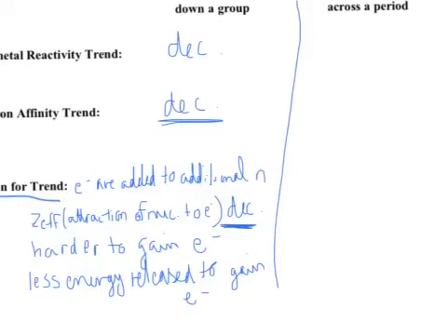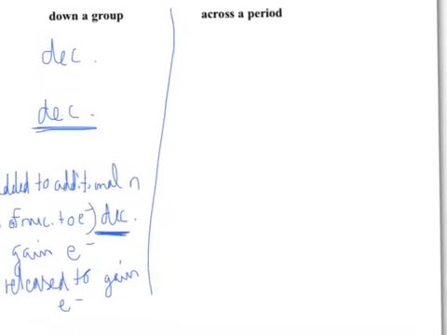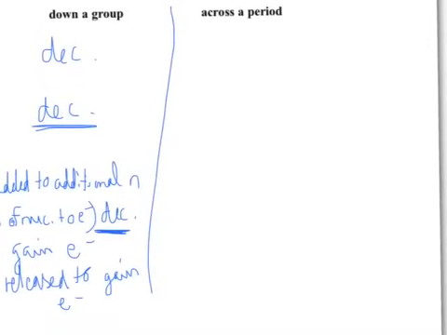Now let's look at across a period. Again, we are going to start by talking about where the electrons are being added. So electrons are added to the same energy level.